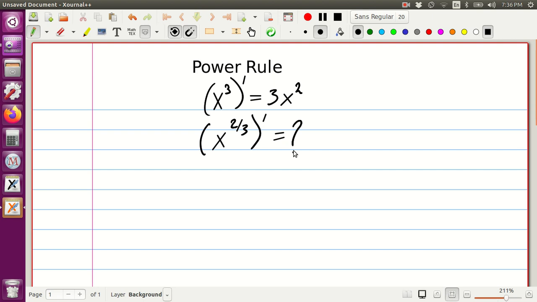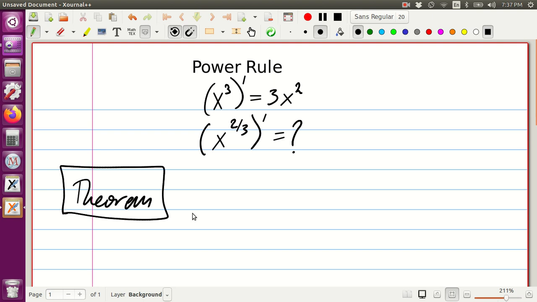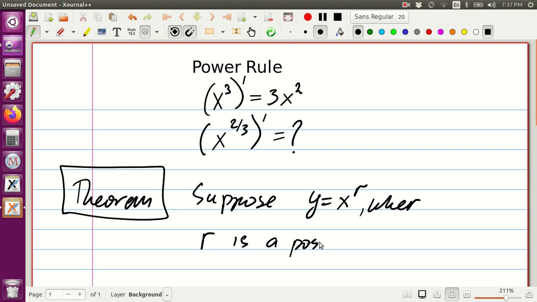Then we don't really have a rule for that. So let's try to calculate this derivative of x to the 2/3. The rule would be the following. We will suppose that y is equal to x to the r, where r is a positive rational number.